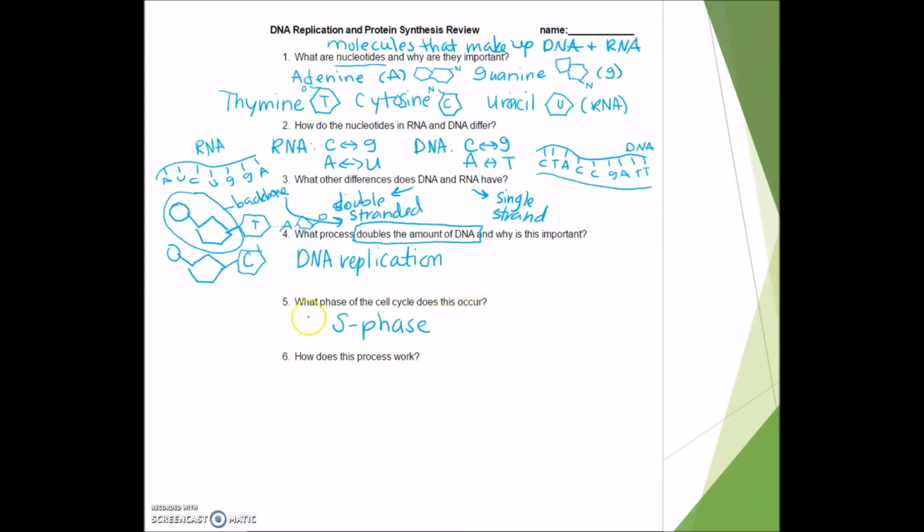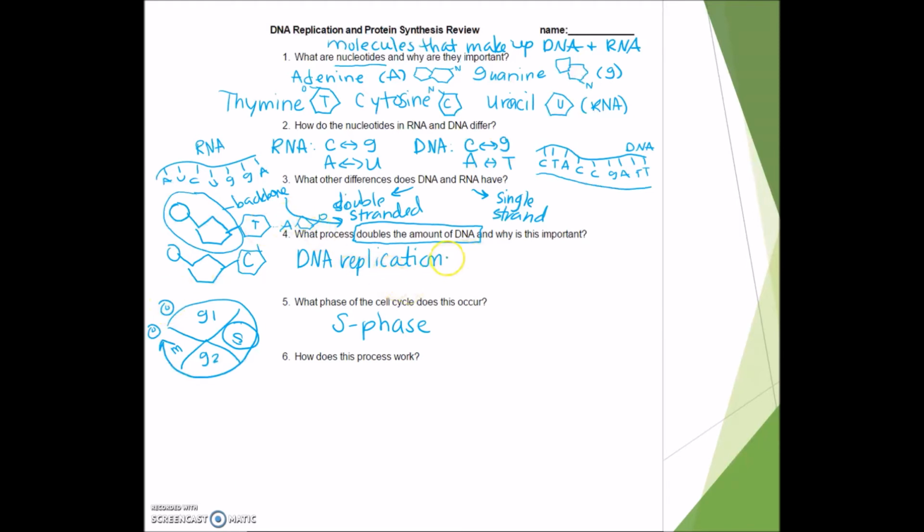Okay, so when we are talking about the cell cycle here, we have our G1, our S phase, G2, and then the M phase. Okay, this is where DNA replication takes place, right here. And this is very important because if you're going to make two new cells, right, here's our two little cells, they both have to have a full set of DNA in order to function properly.